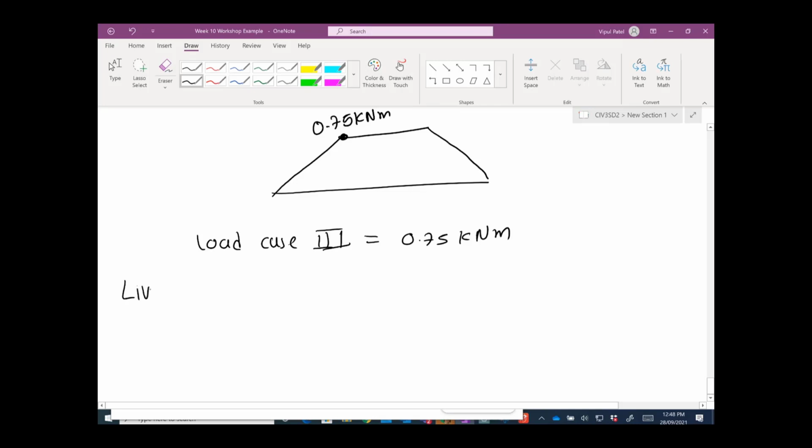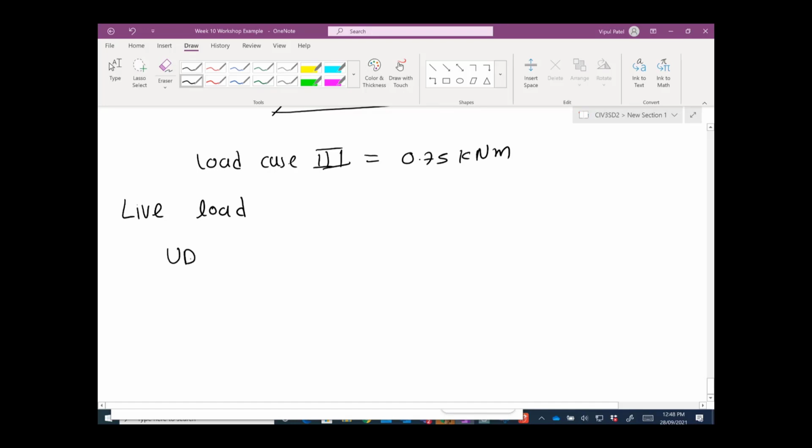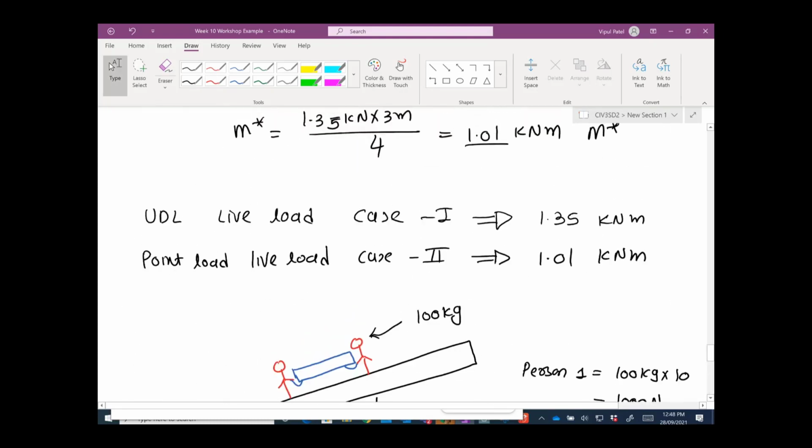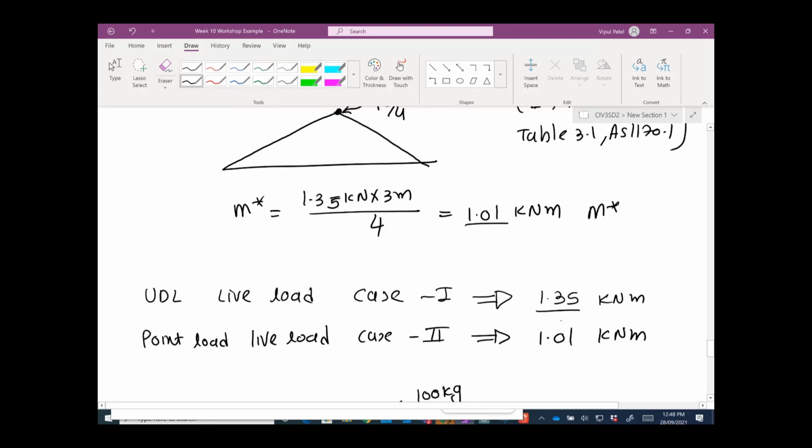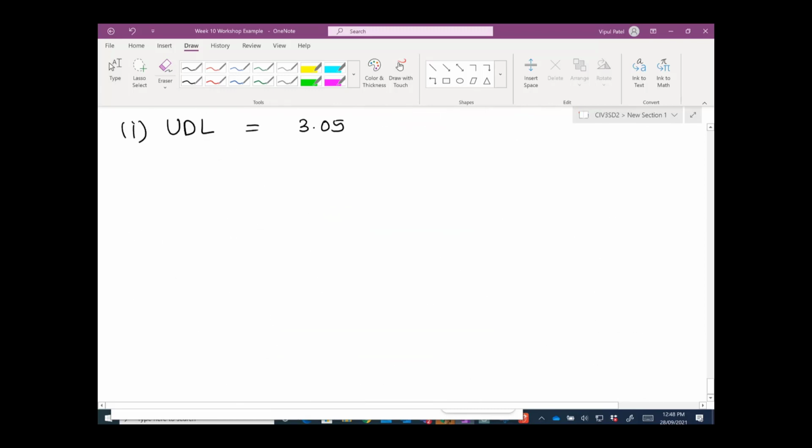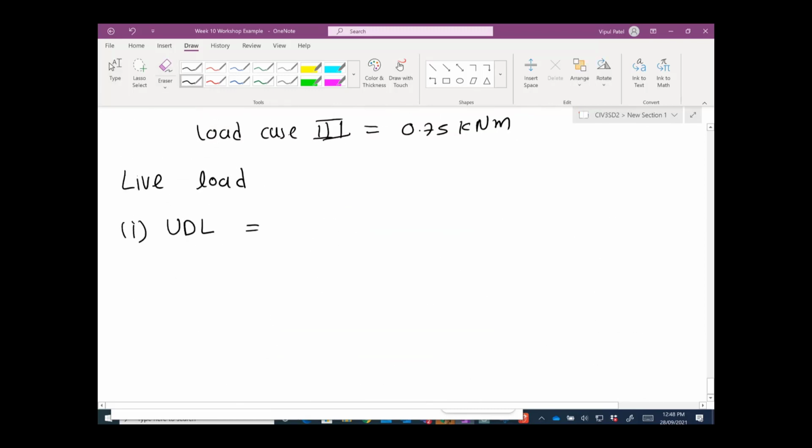Now we have 3 live load cases. I repeat again: load case number 1, the UDL, gives 1.35 kilonewton meters, this is the M star.